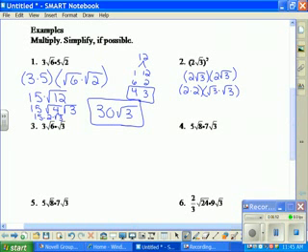Okay, stop there. So I get 4 radical 9. Very good. Cody, what's the square root of 9?